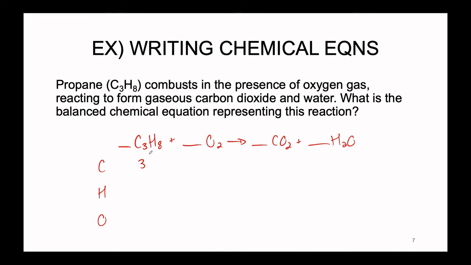We can see a total of 3 carbons, 8 hydrogens, no oxygens underneath our C3H8; 0 carbons, 0 hydrogens, and 2 oxygens underneath the O2; 1 carbon and 2 oxygens underneath the CO2; and 2 hydrogens, 1 oxygen underneath the water.